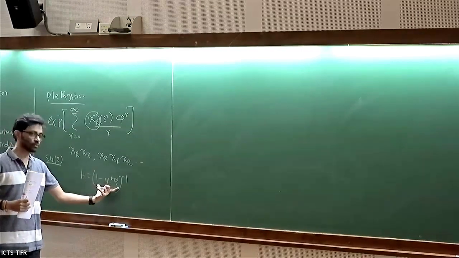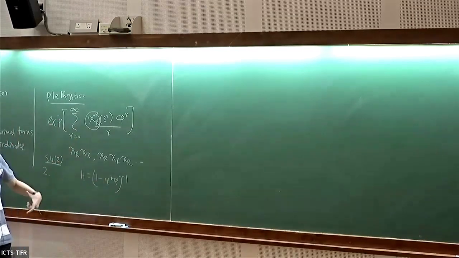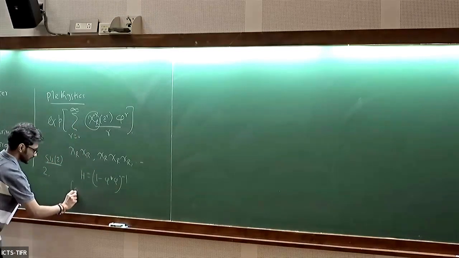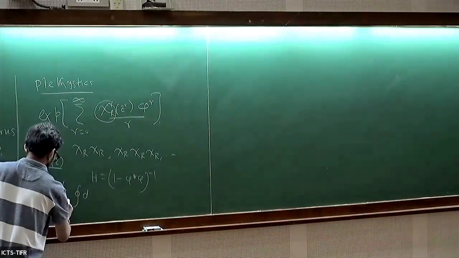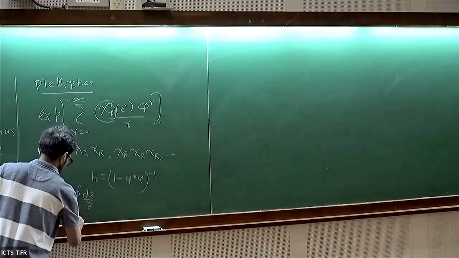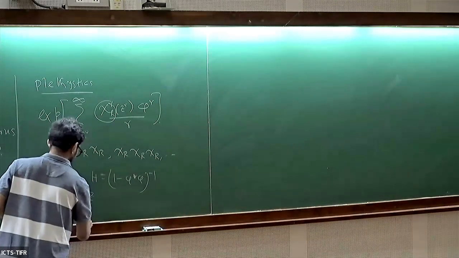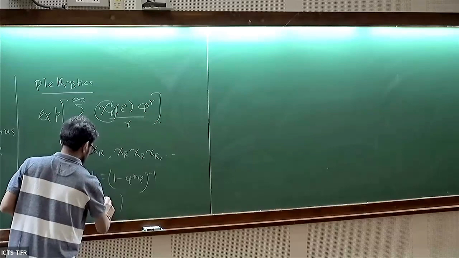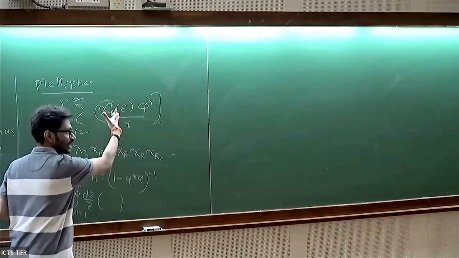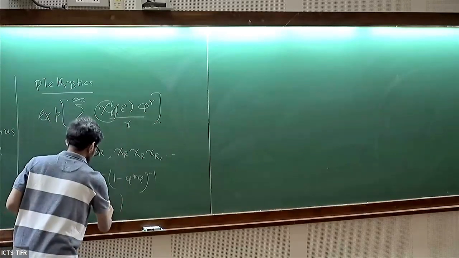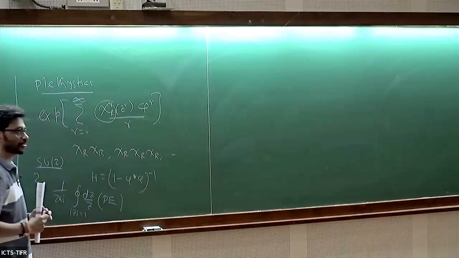And then this quantity I can write down in integral form, and that was basically, if you remember, 2 pi i dz by z, mod z equal to 1. And then we have this statistics kind of thing, the exponential of this quantity, right? So I'm writing the PE.